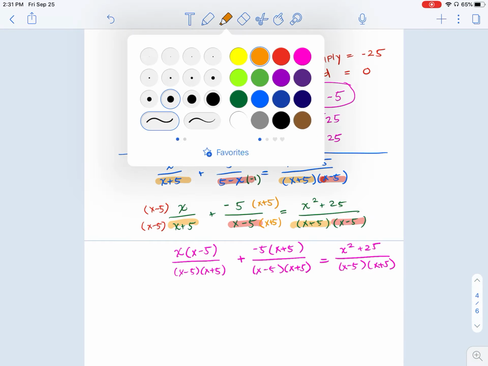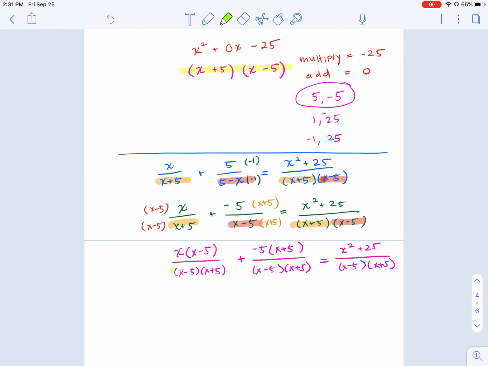You'll notice right now we spent a lot of time so that all of these have the same denominator. What we can do now is multiply the left side and the right side by x minus 5, x plus 5, so we can just wipe out the denominator.